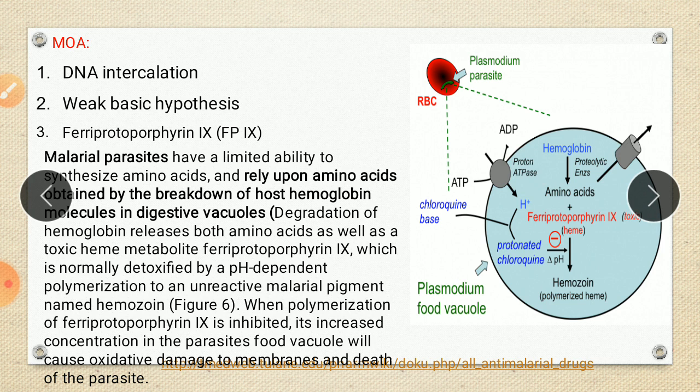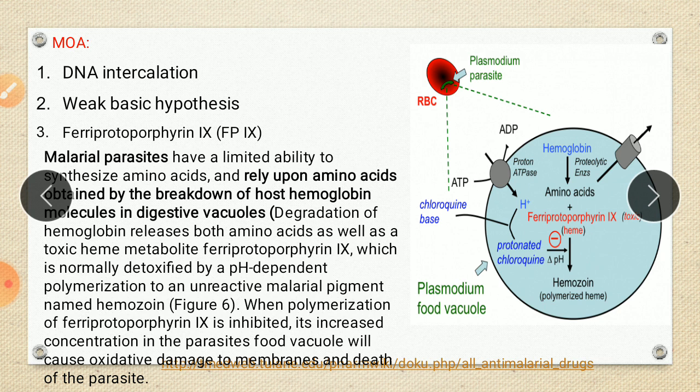This FP9 is very toxic, and it is also called heme. But this FP9 is converted into hemozoin by the enzyme polymerase, and hemozoin is harmless. The main point is that FP9 is toxic to the parasite, but it is converted into hemozoin by polymerization. This is the mechanism by which the parasite uses amino acids.